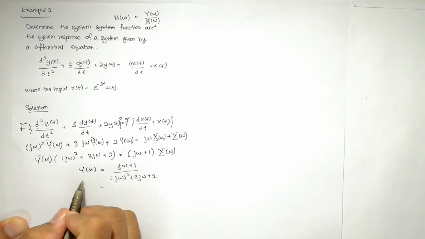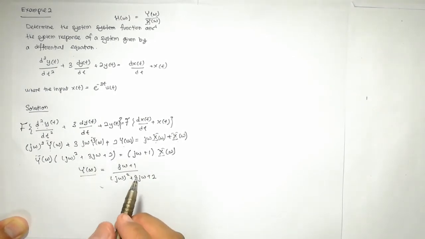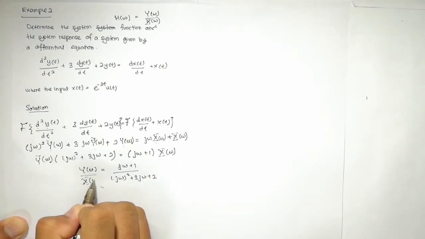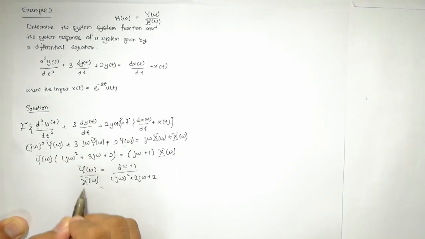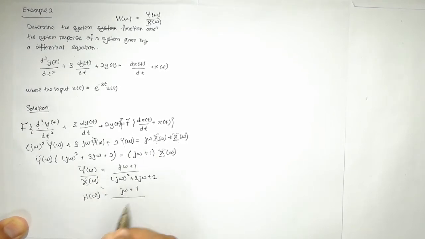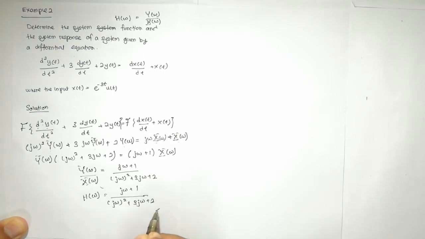This is actually our H omega, equal to (j omega plus 1) divided by ((j omega) squared plus 3j omega plus 2). So this is our system function, H omega. Done for the first part.